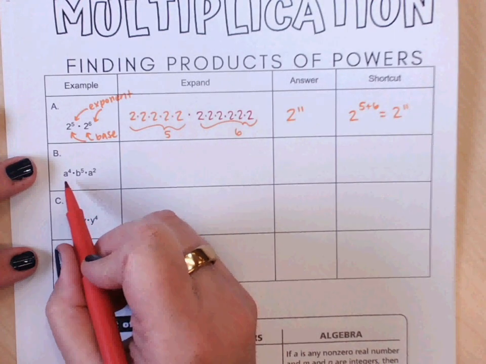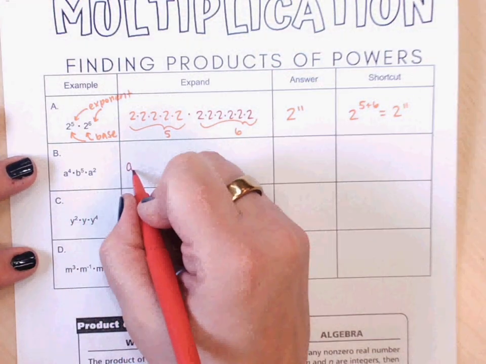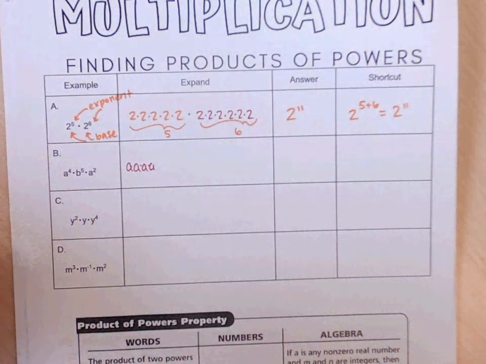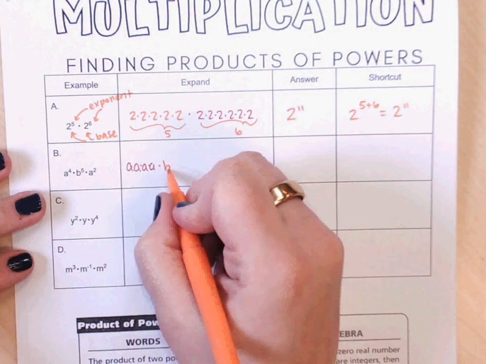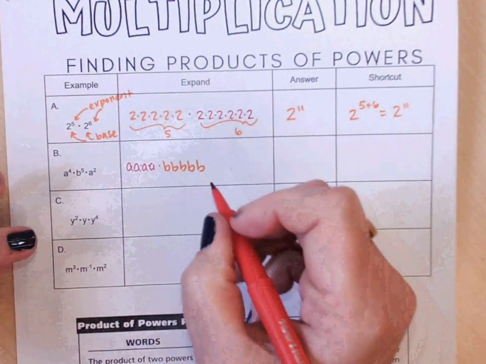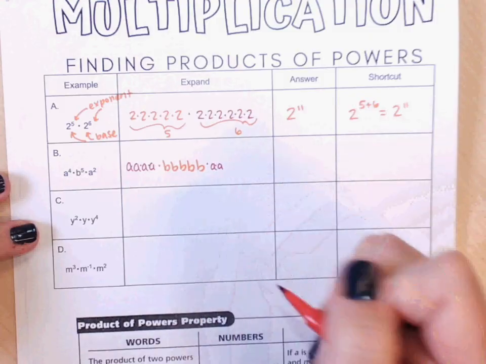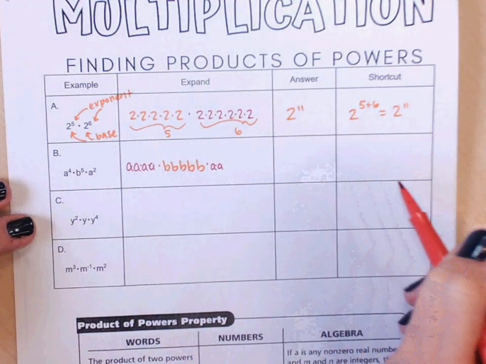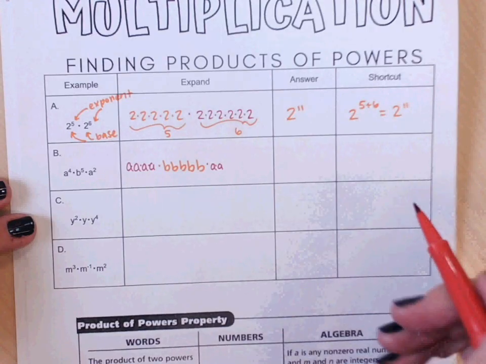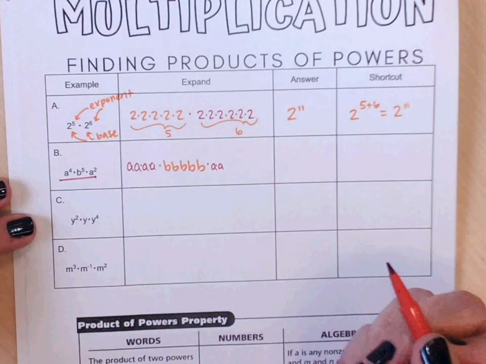So here, for example, a to the 4th means I have a times a times a times a getting multiplied together, times b to the 5th, times a to the 2nd, so a times a. So all of these things are getting multiplied together. What I can do, though, is reorganize it to simplify. My goal is to simplify.